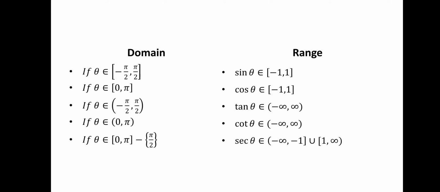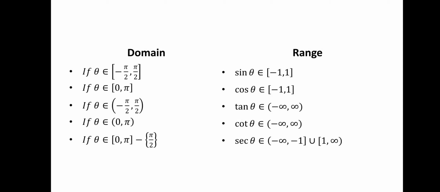If I write sec theta equals half, or 1 by root 3, or 1 by root 2, all these values are not possible. Sec theta always gives a value less than or equal to minus 1 or greater than or equal to 1, but never between minus 1 and 1.